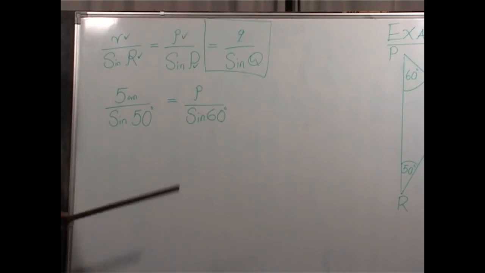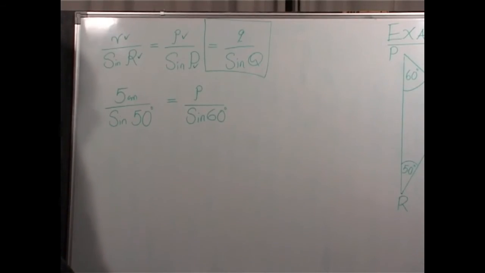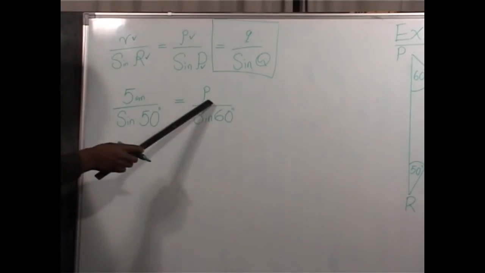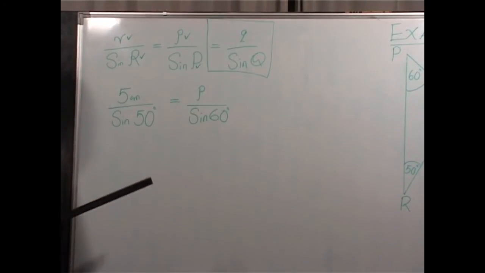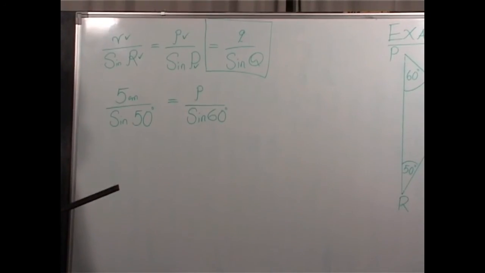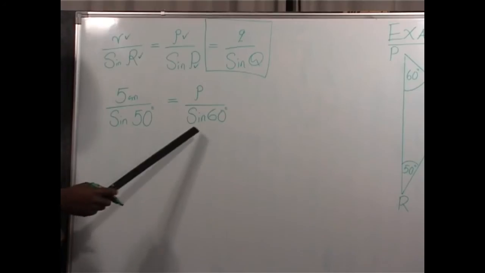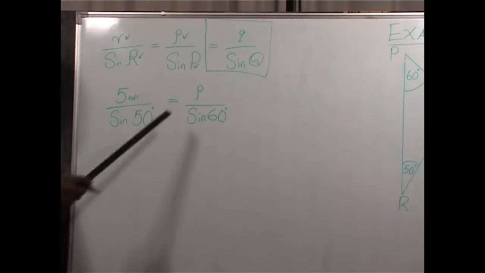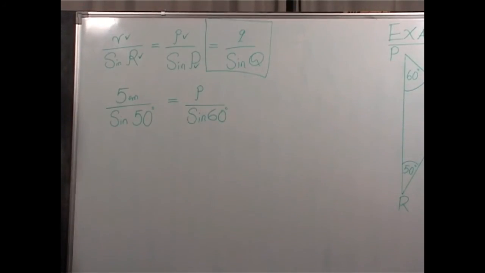We must make sure that p stands out alone on one side of the equal sign. What are we going to do? Excellent. Because p is divided by sine 60 degrees, and the inverse operation for division is multiplication, we are going to multiply both sides of our equation by the sine of 60 degrees so that p can be the subject of the formula.